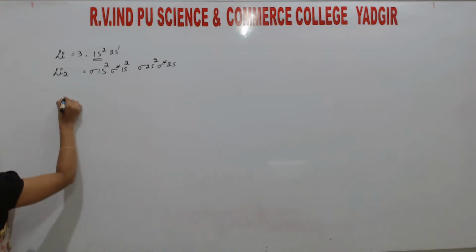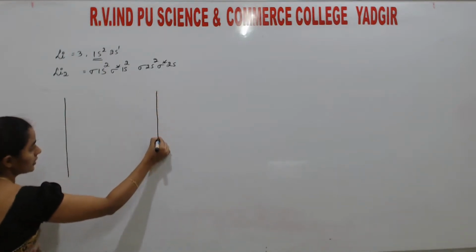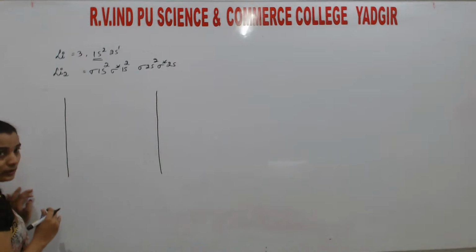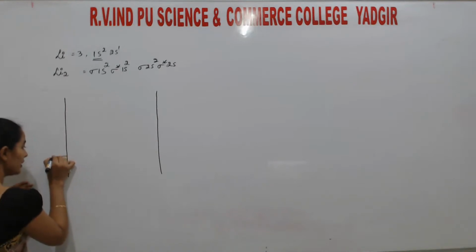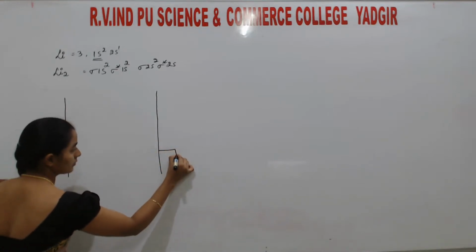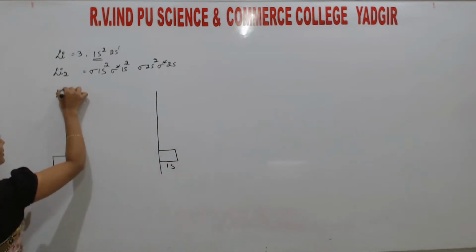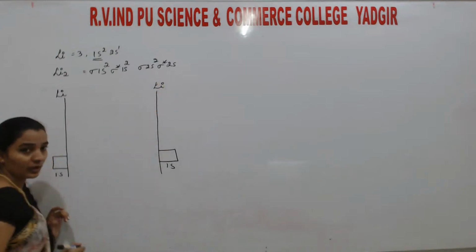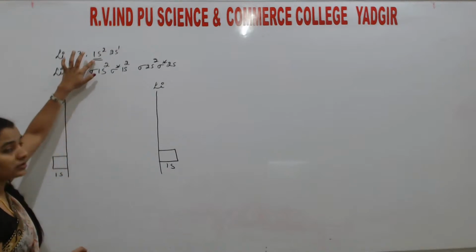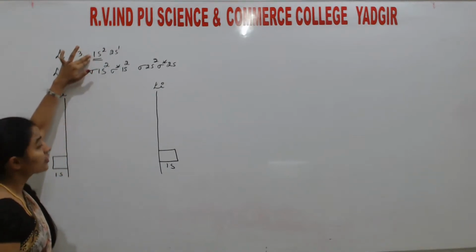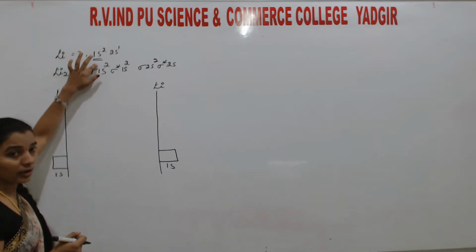Next, write the orbital diagram. As I told you, this is the increasing order of energy. The 1s orbitals are here: this is one lithium, this is the other lithium. In the lithium molecule, the 1s orbitals hold 2 electrons each. Don't wonder where the electrons come from; it is from the configuration.